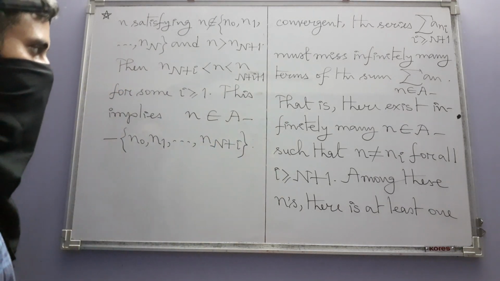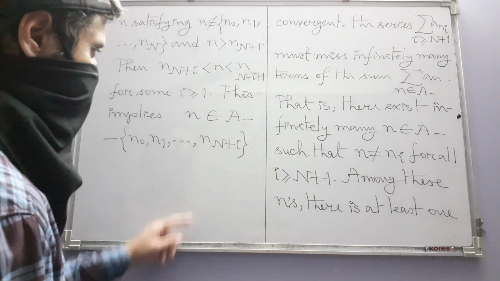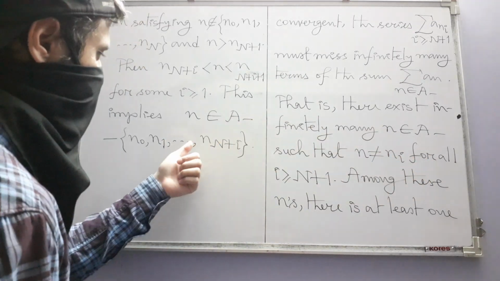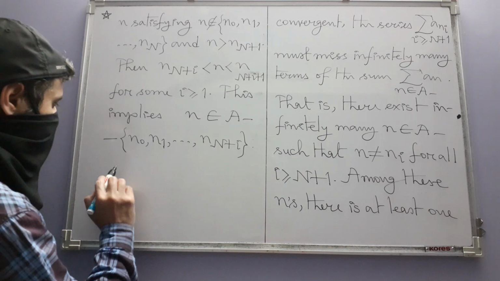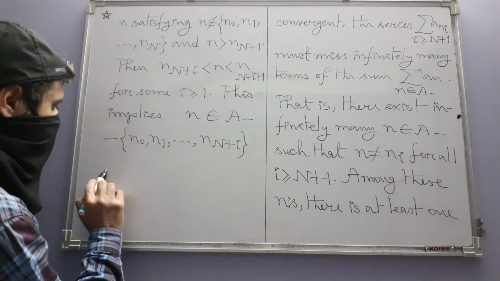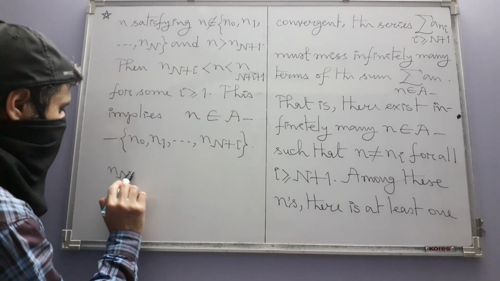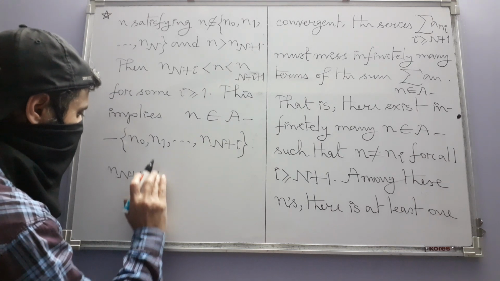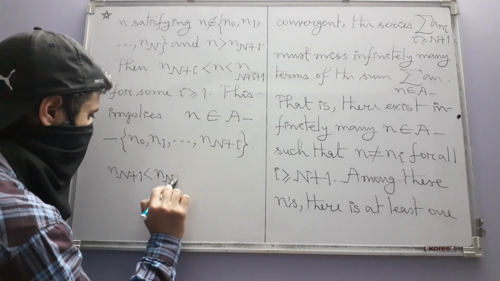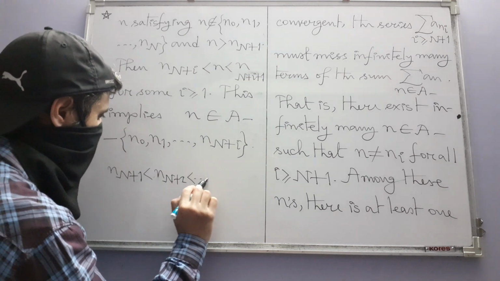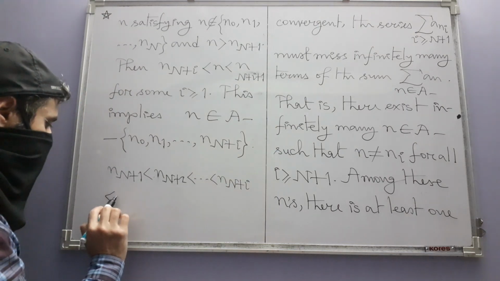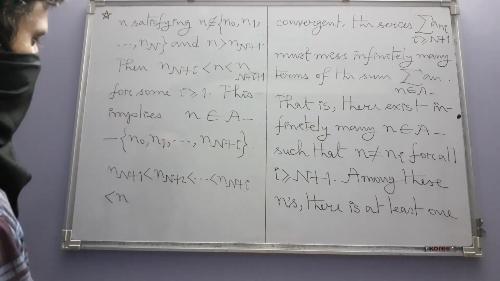Now watch this carefully. n is already of course coming from a minus, and n is not equal to any of these. We have this now.